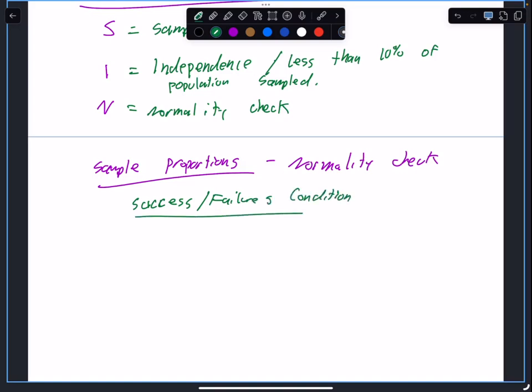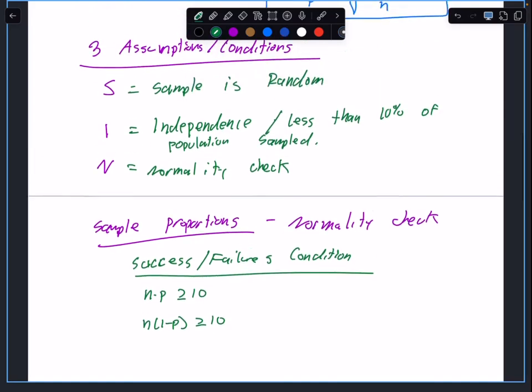If you recall, the success and failures condition says that n times p must be at least 10, and n times 1 minus p must also be at least 10. So this is what we've done. We've actually checked this in our last unit, asking is it normal? We checked independence, or we did randomization. The only thing that's new here is the 10% piece, and then we checked this piece right here.